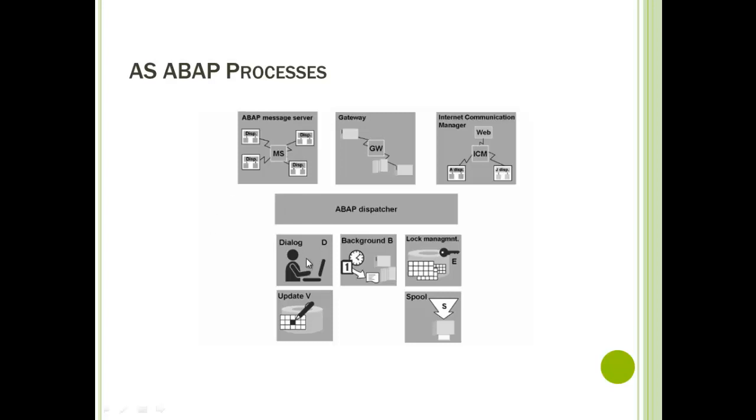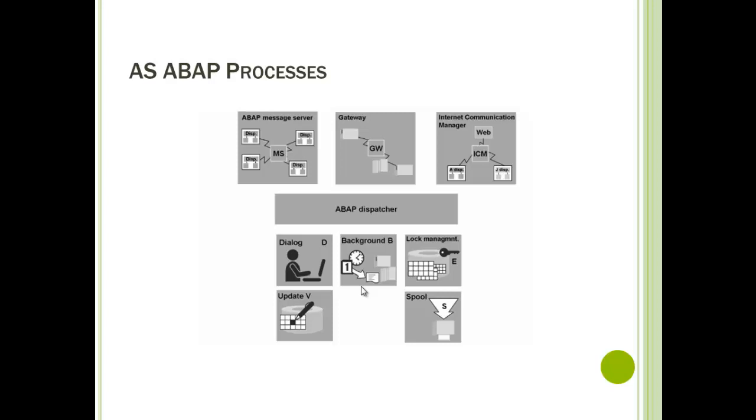First one is the dialog work process. The dialog work process fulfills all the requests for execution of a dialog step. Okay, it's a dialog step. Dialog means when you log into the SAP system, you are doing a dialog process there. Okay, you log into the SAP system using SAP GUI, it's a dialog process. So the dialog steps triggered by an active user are executed by the dialog work process.